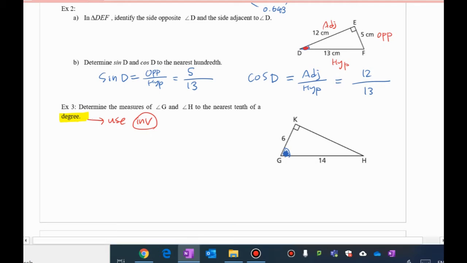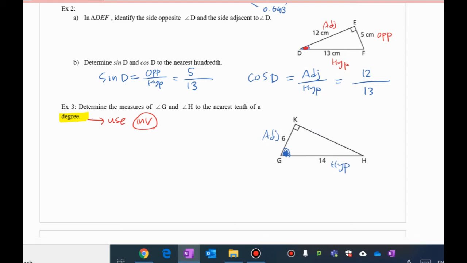First thing first, you have to label each side. So this is opposite. And this is adjacent. And this is hypotenuse. And everyone, opposite side is not given. We don't know the lengths here. So we're not going to use opposite.